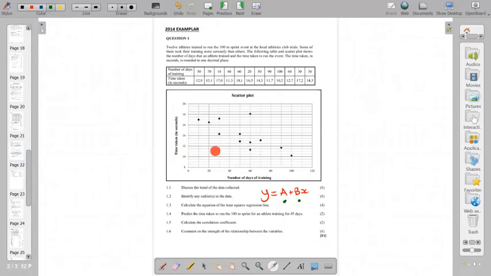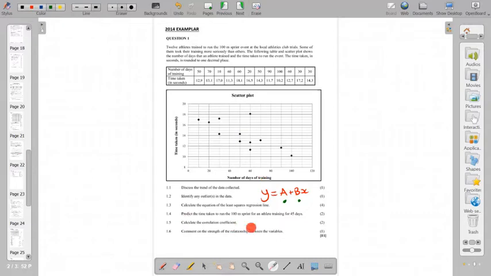You substitute y with 12, then you find the value of x. Remember, y is the seconds, so it's 12 seconds, and then x gives you the number of days you trained. Or x is the number of days you trained, let's say 75 days, so then that gives you an expectation of your time taken, okay?